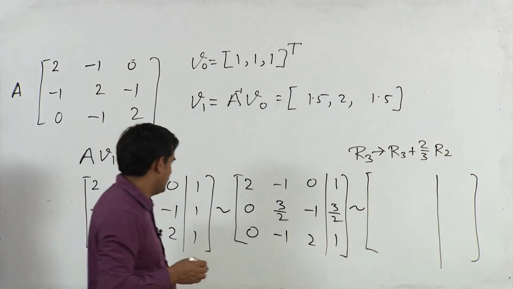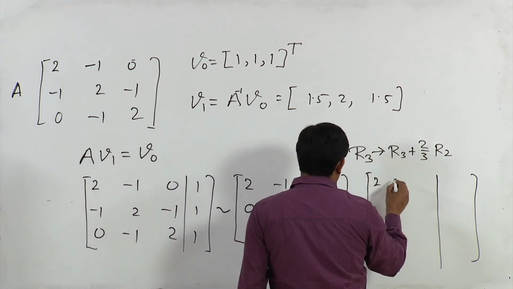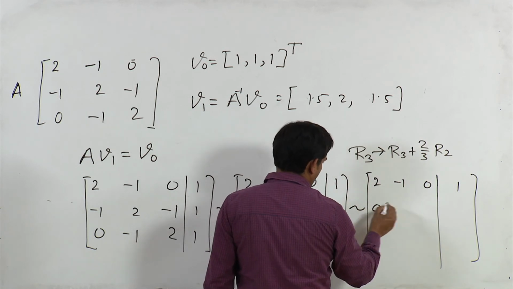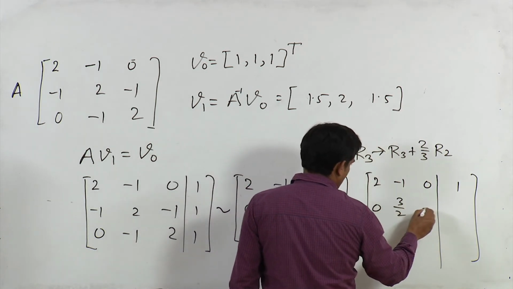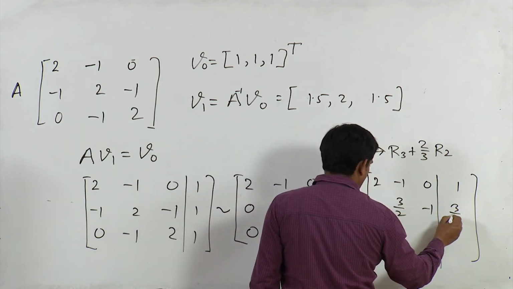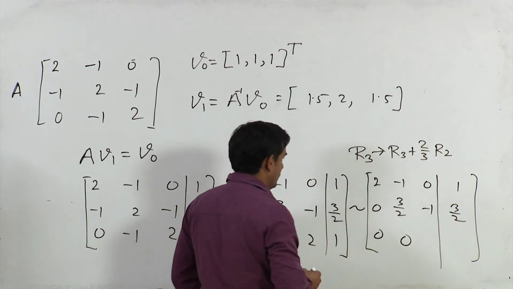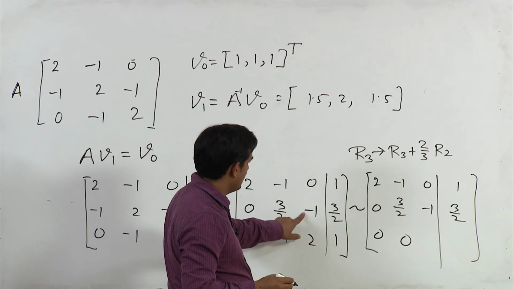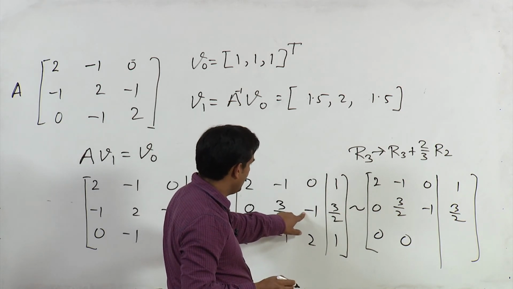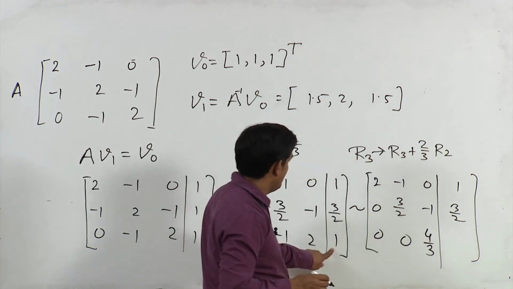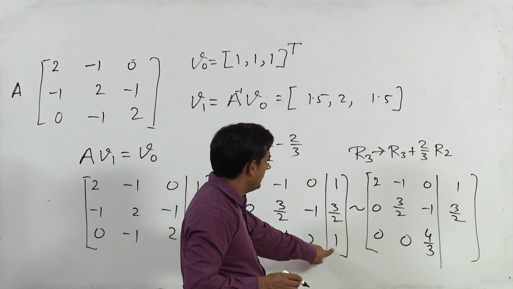Then I will get 2 minus 1 0 1, 0 3 by 2 minus 1 3 by 2, and then 0 0 2 minus 2 by 3, 4 by 3, and then this will become 1 plus 2 by 3.